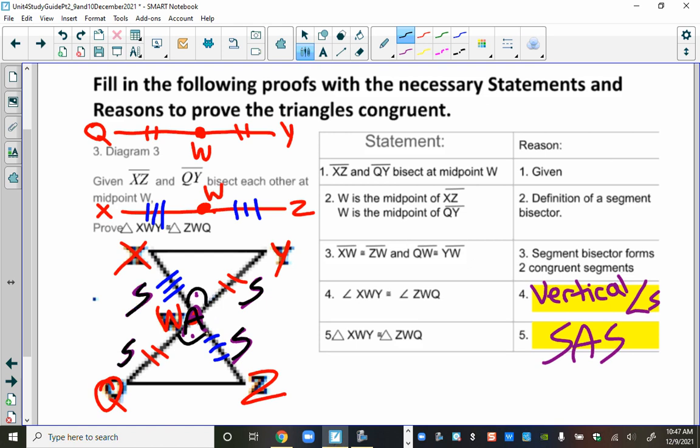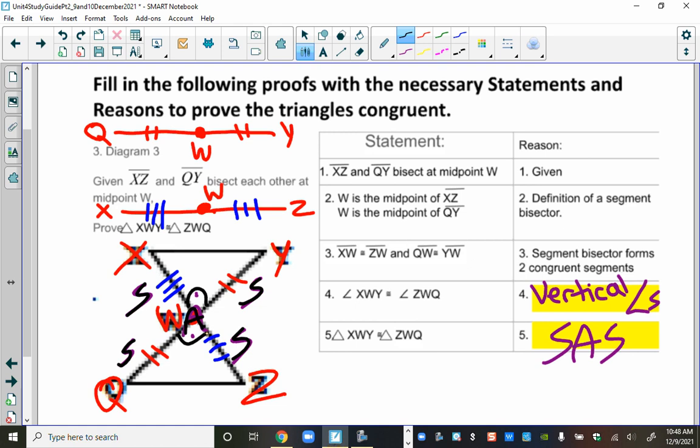We're almost done, down to the last of the new stuff. So that might be something that you might see, but again, midpoints and vertical angles are going to be key concepts going forward.